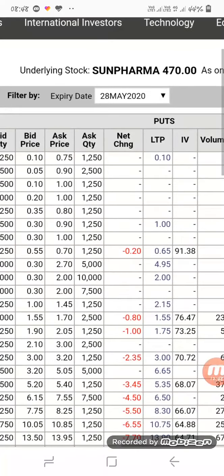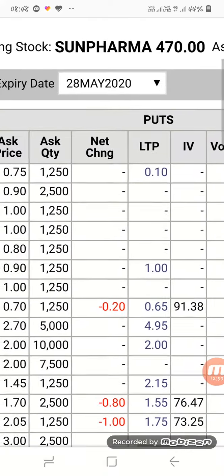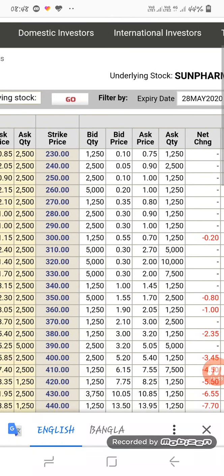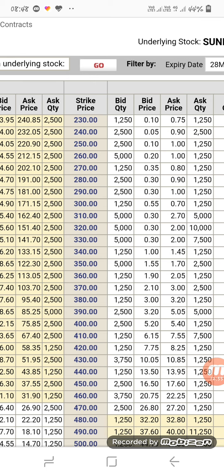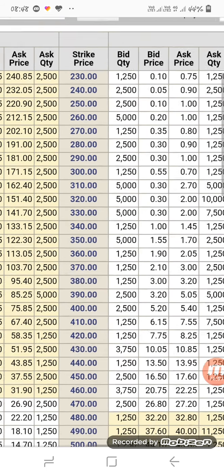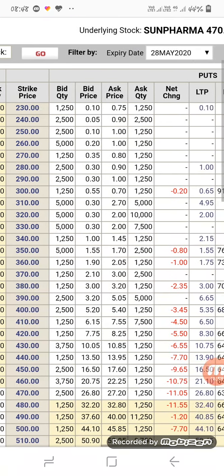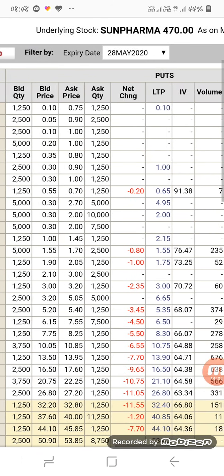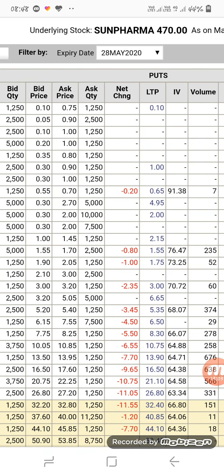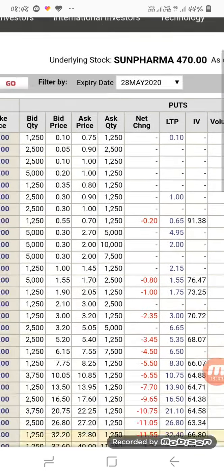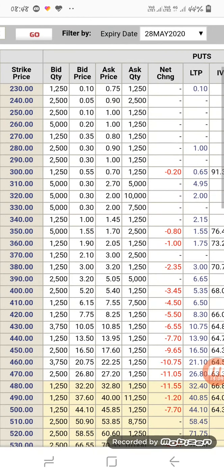And likewise there's an LTP you can see, which is the last trading price. So if we select say 450, we need to pay the LTP of 16.50. In the real cash segment, we can do short selling at the range of 450.